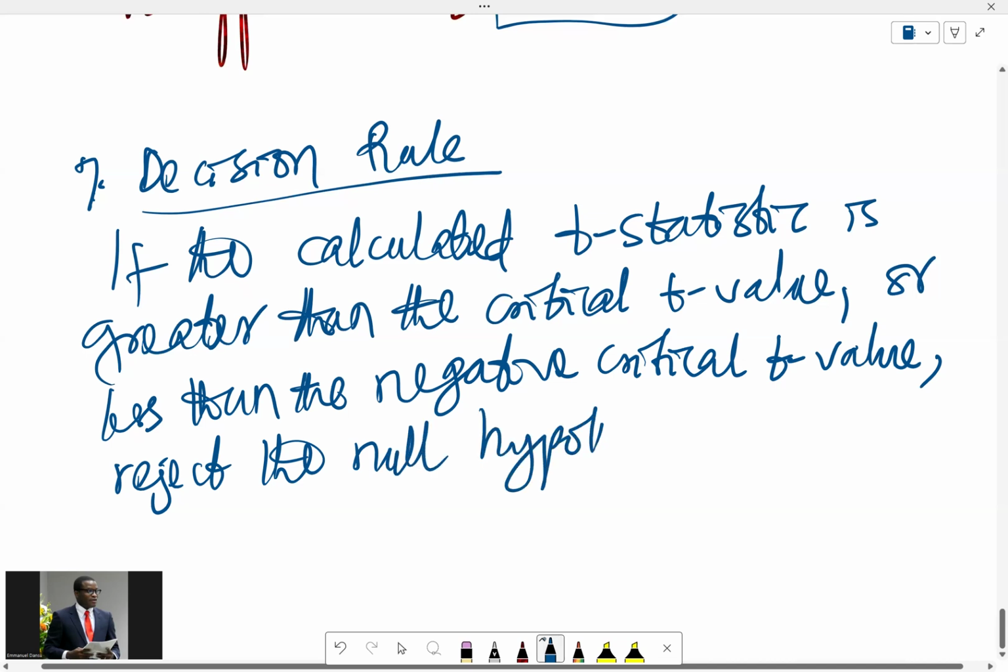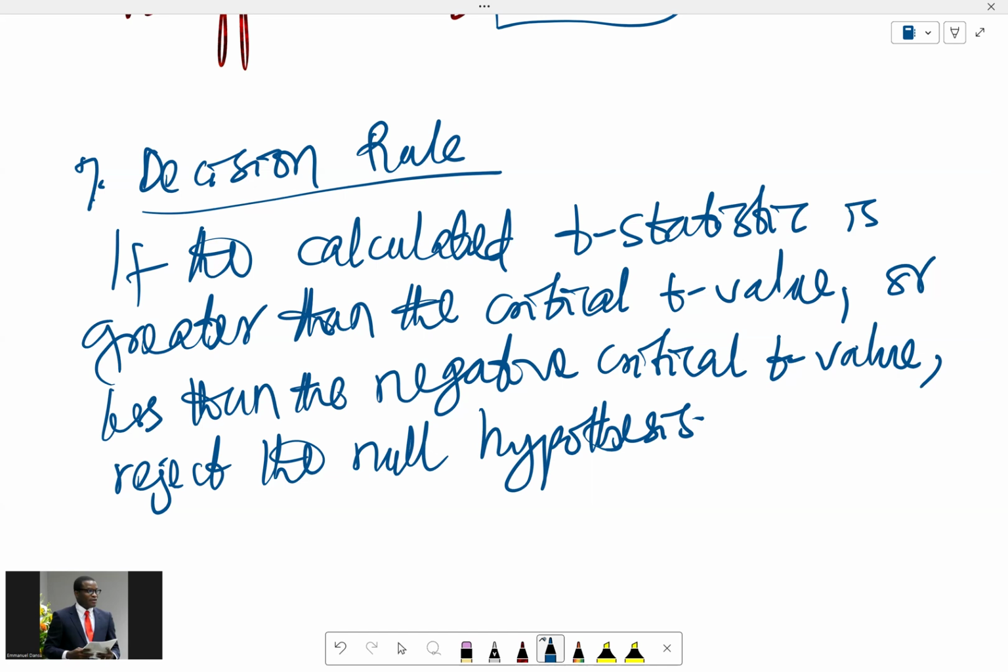Well, that may seem a bit muddled, but the whole idea is that the absolute value of what you calculated has to be less than the critical t value that you got from the table for you to accept the null hypothesis. Okay?